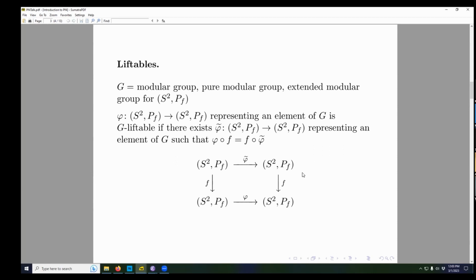We have a commutative diagram like at the bottom here. The map phi lifts to phi tilde via the map F. That's what it means to be G liftable.